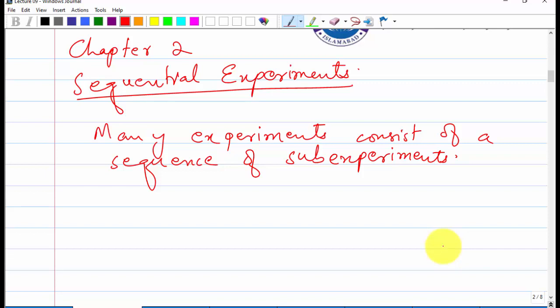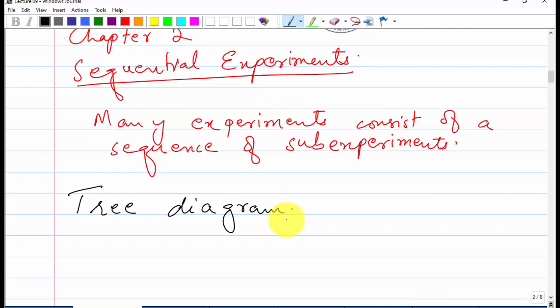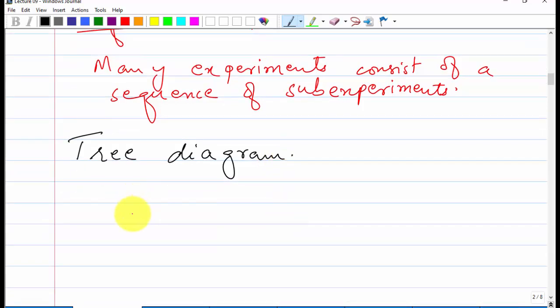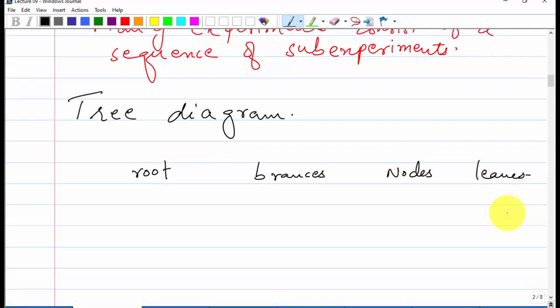It is sometimes better to represent these sub experiments with a diagram known as the tree diagram. A tree obviously has its root, then branches, and then nodes and leaves, etc. They will represent our experiments and sub experiments.